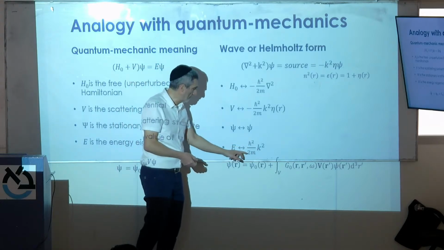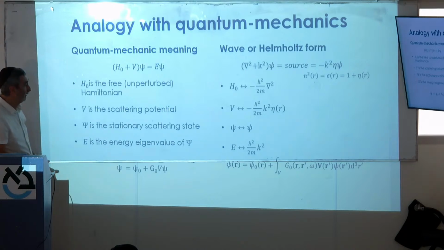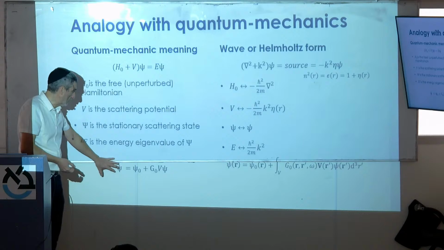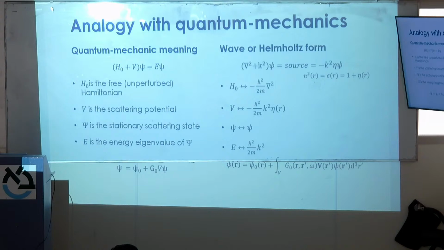You can take this parameter as equal to 1 if you want. So E is k squared, and you end up with two formulations of the same equation. They are the same for both problems. It's a unifying description of the problem, both for quantum mechanical problems and wave problems.